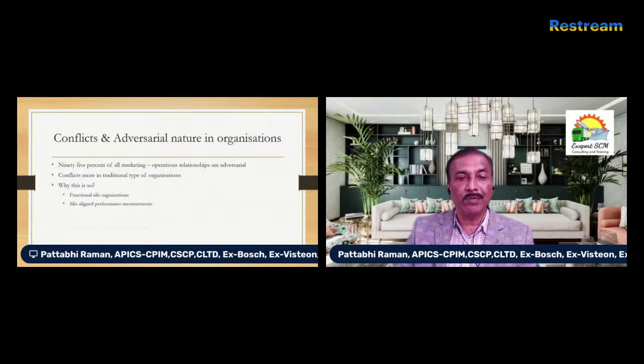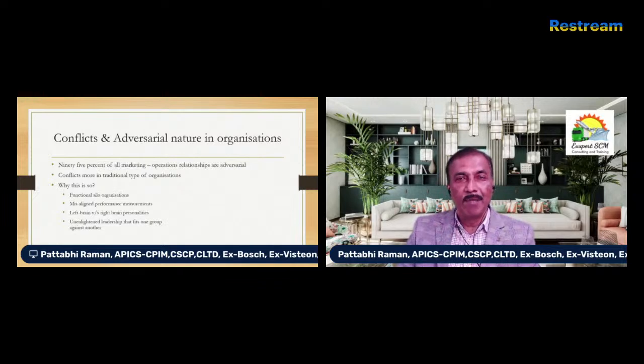When they have their own independent KPIs, they will not match, and you have different kinds of personalities and unenlightened leadership. Possibly, you may also see the leadership doing politics, joining with some groups and promoting them. That also promotes organizational conflict, and you cannot avoid it.